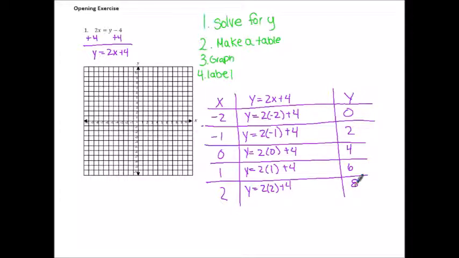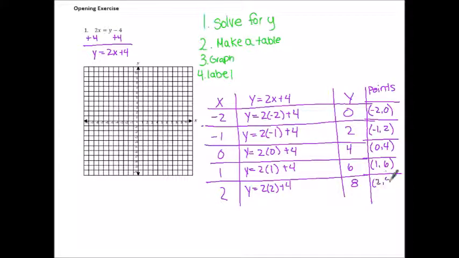If it makes it easier, you can draw another column on your table for the points. We always go x, y, so we have (-2, 0), (-1, 2), (0, 4), (1, 6), and (2, 8).